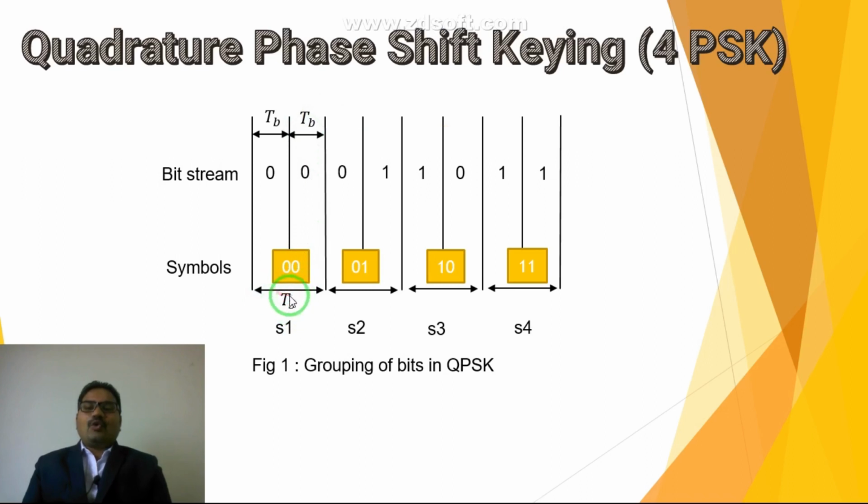This is going to be twice TB. That is the symbol duration. So this symbol duration is the addition of this TB plus this TB. That's why symbol duration TS is equal to twice TB. So please remember, for QPSK, TS is equal to twice TB.